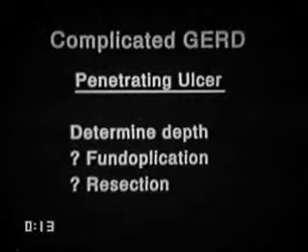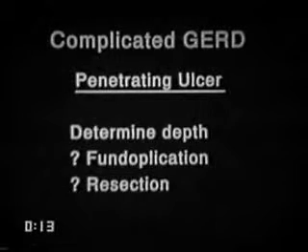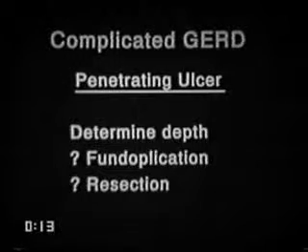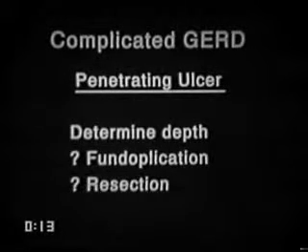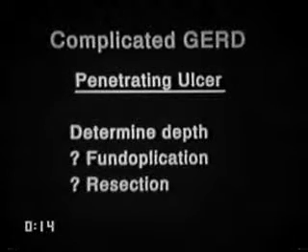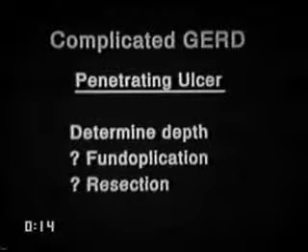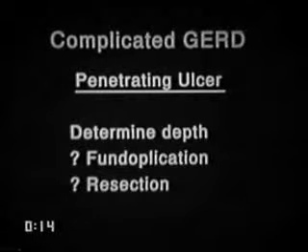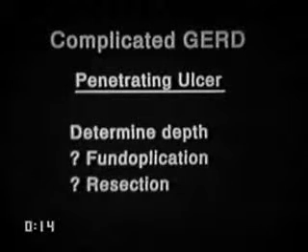And be sure, if you're going to resect a Barrett's ulcer, that you resect all of the Barrett's mucosa at the same time, because otherwise you'll get recurrent reflux disease and ulceration, as has happened in patients referred to me on more than one occasion. The standard operation, if the ulcer is contained within the esophagus, is fundoplication, and this will permit healing of the ulcer in the vast majority of patients, and usually we accompany that with intensive acid suppression for a month or two post-operatively.